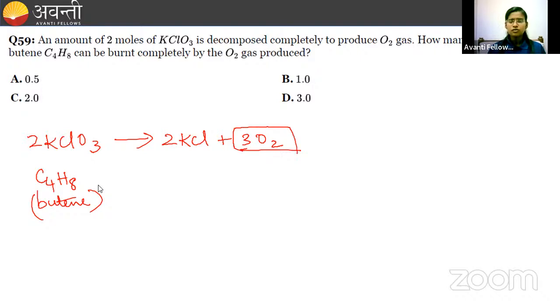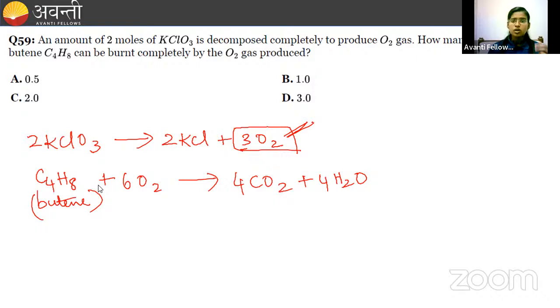If you see the complete reaction, 1 mole of butene takes 6 moles of oxygen to produce 4 moles of carbon dioxide and 4 moles of water. For complete combustion, the products CO2 and H2O have to be produced. So for the complete combustion of 1 mole of butene, 6 moles of oxygen is required. But we have only 3 moles of oxygen produced from this decomposition of KClO3.